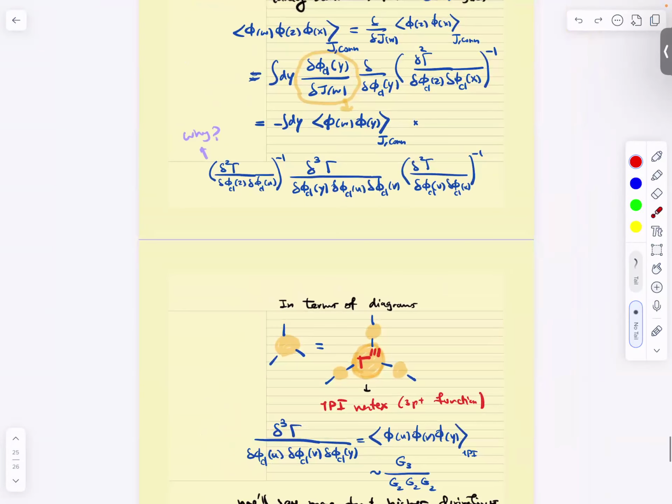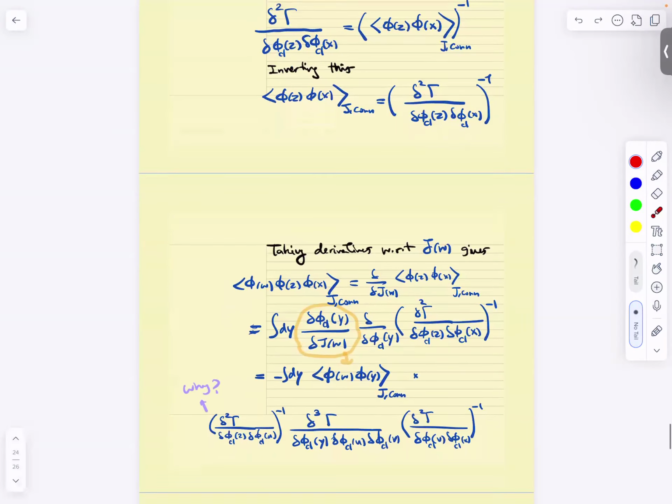So what we found was that the 3-point function, the connected piece of it, which diagrammatically is this, right, became an integral, right? Oh, actually, you also notice that these guys are just the 2-point functions, right?